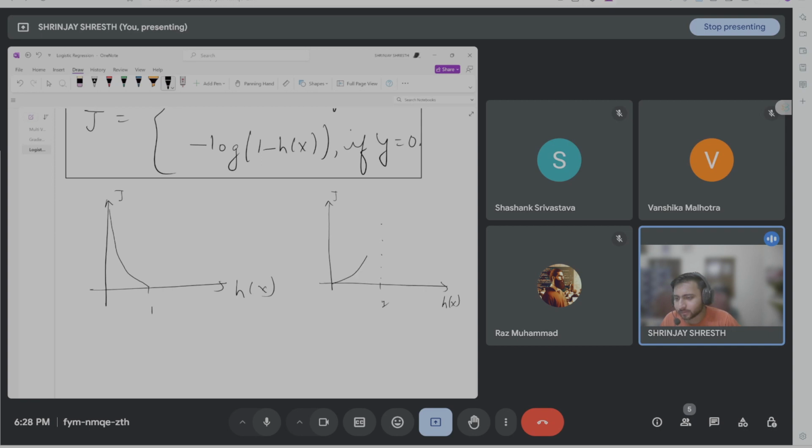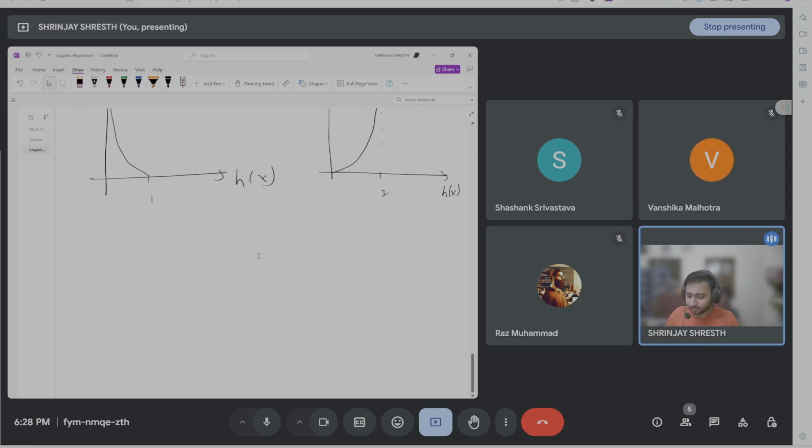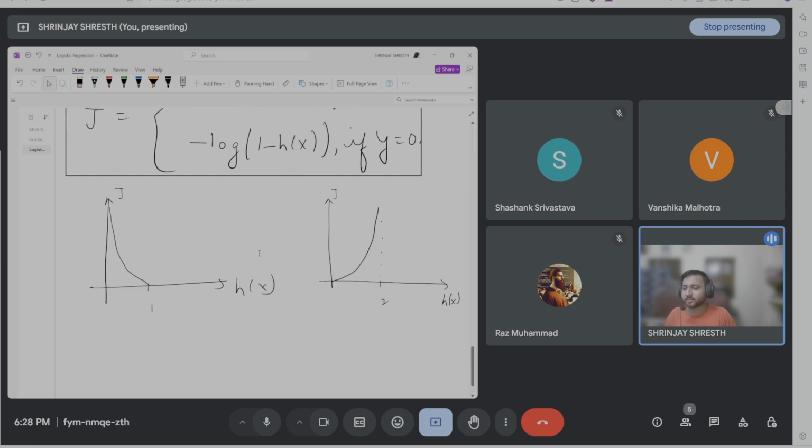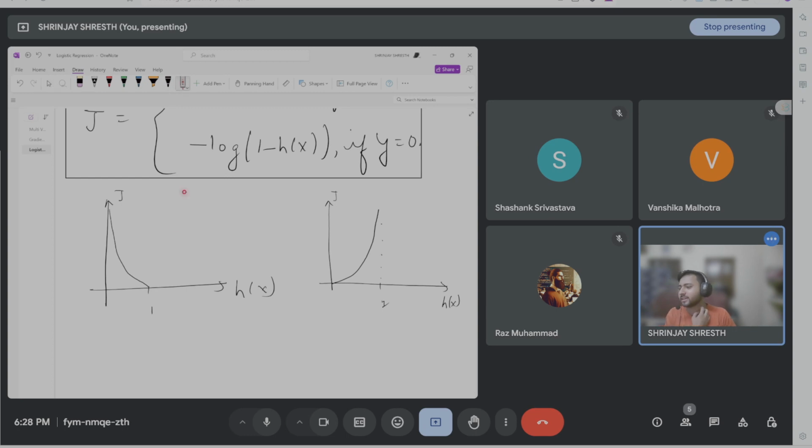You may actually try to plot the graph, no issues. What it says is that as your hypothesis function goes to 0 when y is 1, you will have a very high loss, so the ideal case is that it should go towards 1. In the other case, as your hypothesis function goes to 1 when y is 0, the loss is very high.